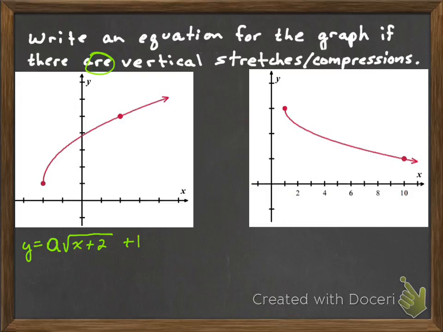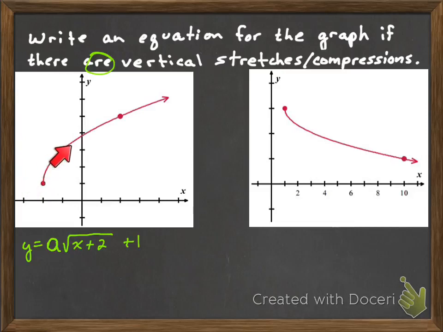In order to find out what this a value is going to be, we need to put some numbers in for x and y. Now, x and y simply represent any point that is on your graph. We do not want to use the endpoint because that's going to give you a 0 here and take the a out of the problem.